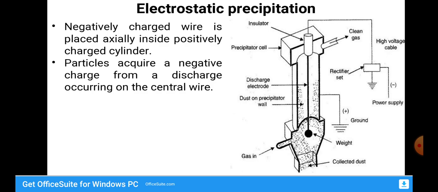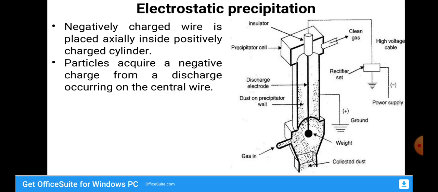So how is separation or sampling done? As the central wire is connected to a battery, there will be electrons on this central wire. This negative charge is acquired by solid particles.